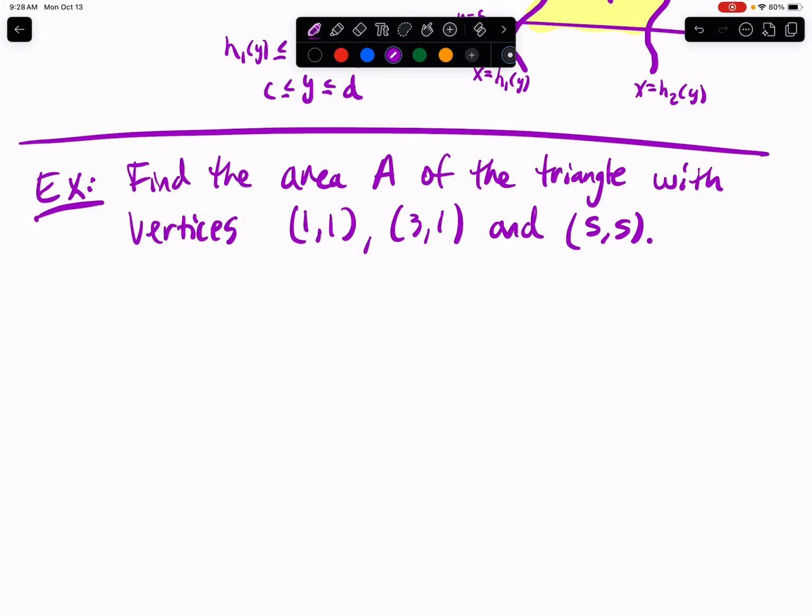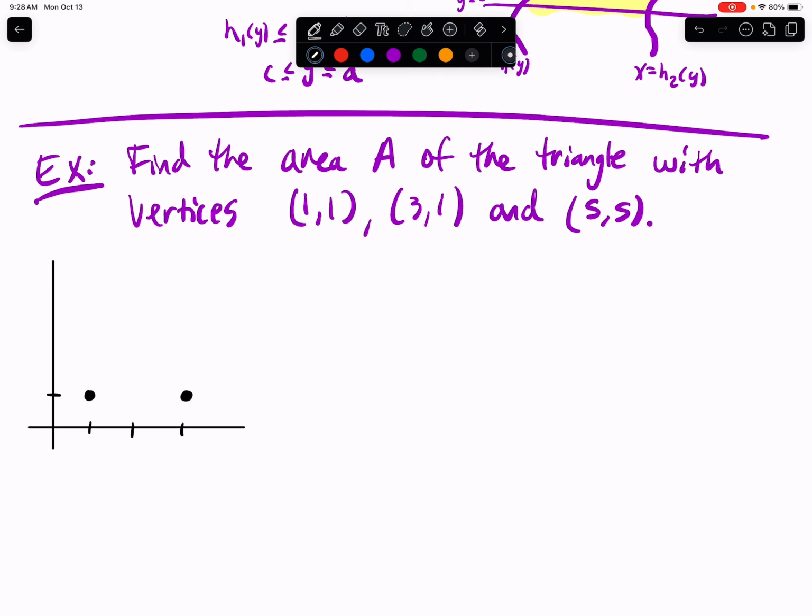So first thing I need to do is draw a picture. I'm going to find the area of the region, so from (1,1) to (3,1), and then (5,5).